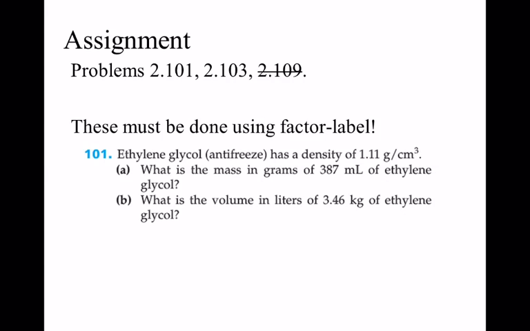Let's see. For this first one, this is kind of like the problem that we just did. Basically, the density is given, and they are asking in A, what is the mass? So question mark grams, and you're going to start with 387 milliliters.